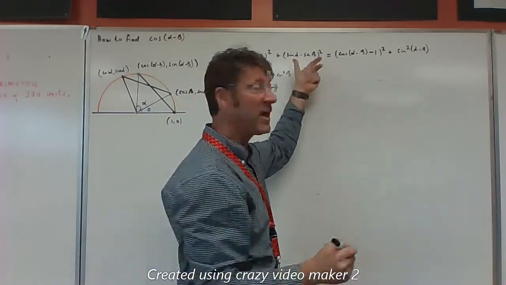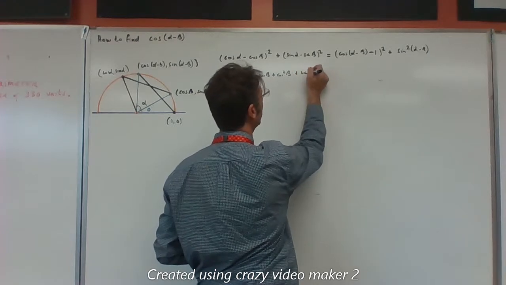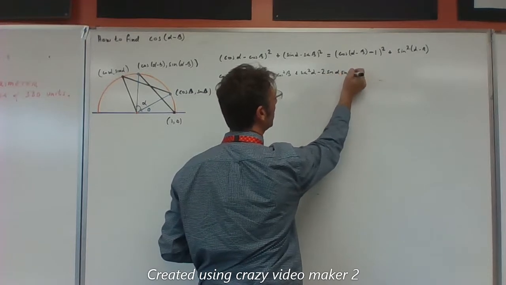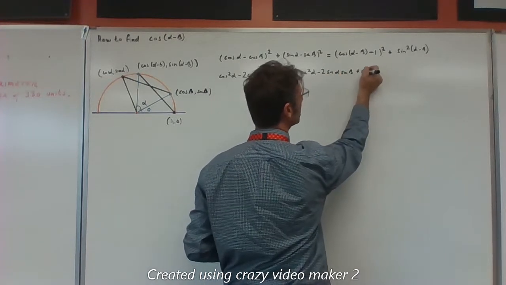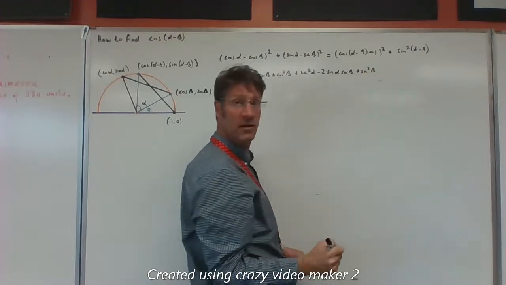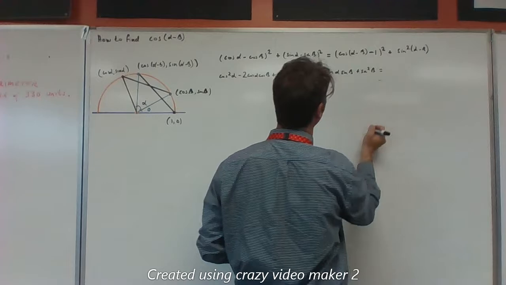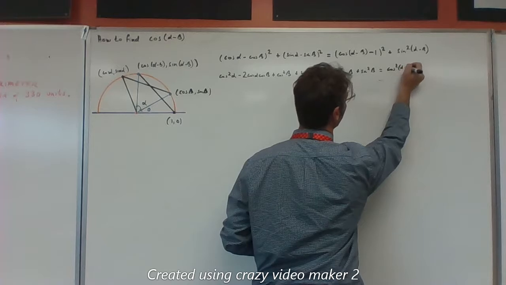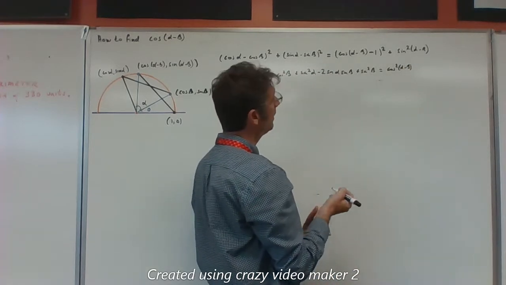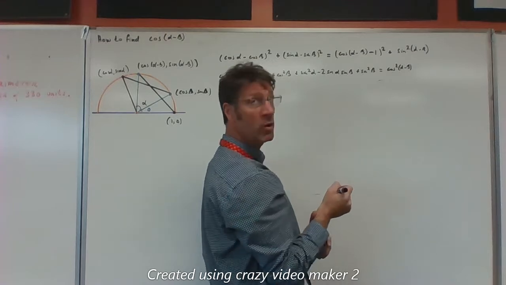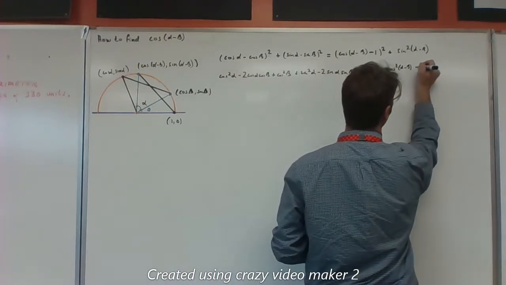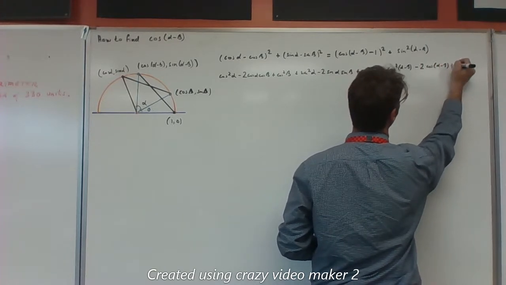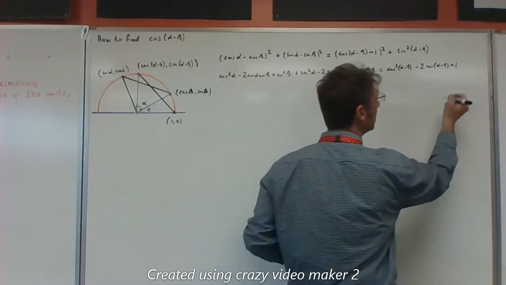This will be with sines: plus sine squared alpha minus 2 sine alpha sine beta plus sine squared beta equals all that squared: cosine squared (alpha minus beta), minus 2 cosine (alpha minus beta) plus 1. And then plus sine squared (alpha minus beta).